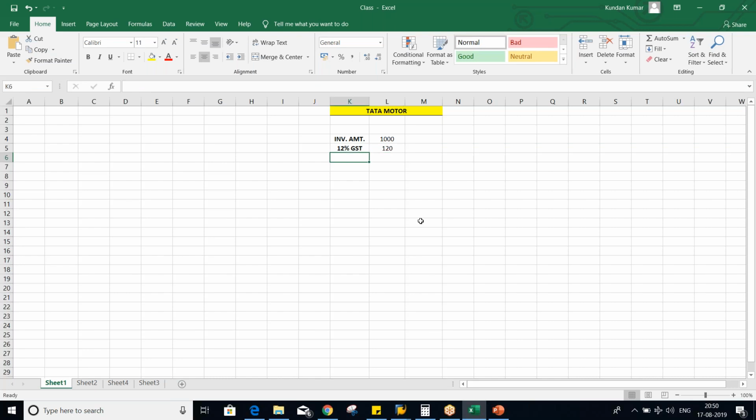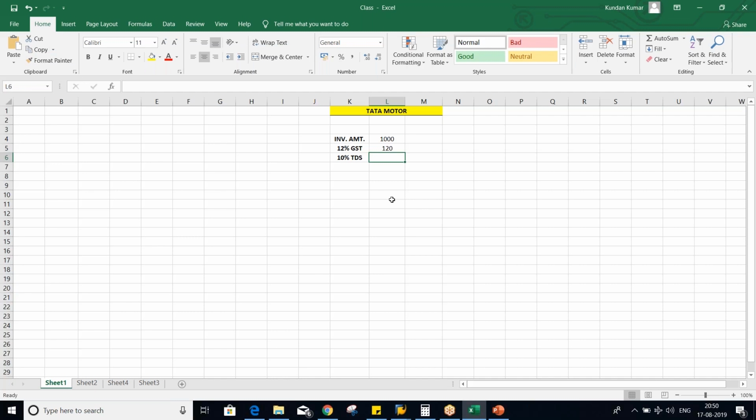Now, if you post this invoice, then while posting it we must also deduct TDS. Let's suppose 10% TDS is going to be deducted. Now the question is, on which amount is this 10% TDS going to be deducted?